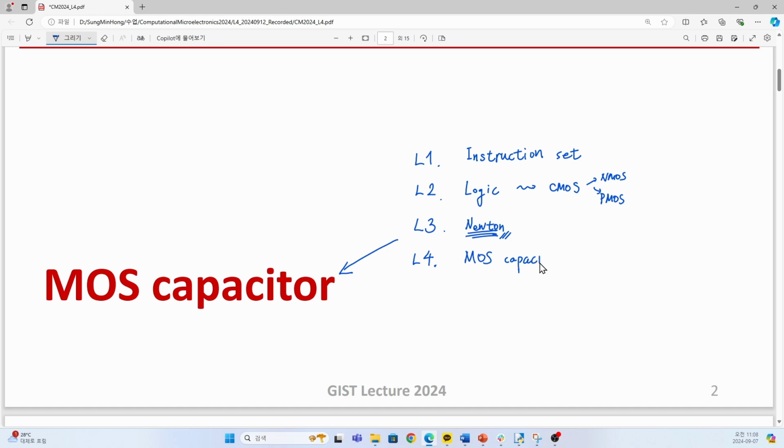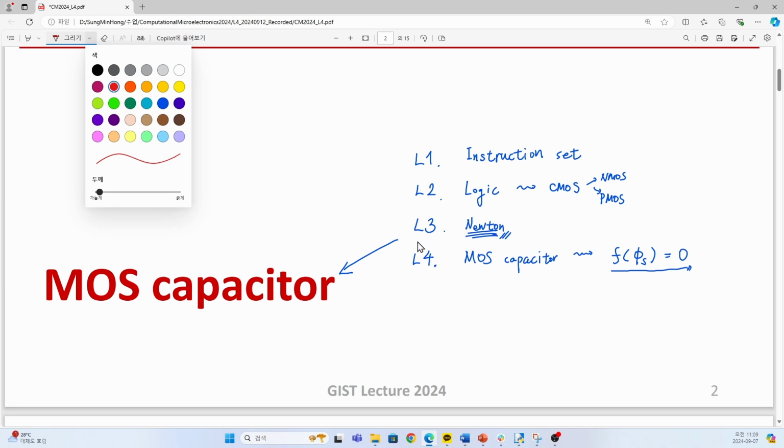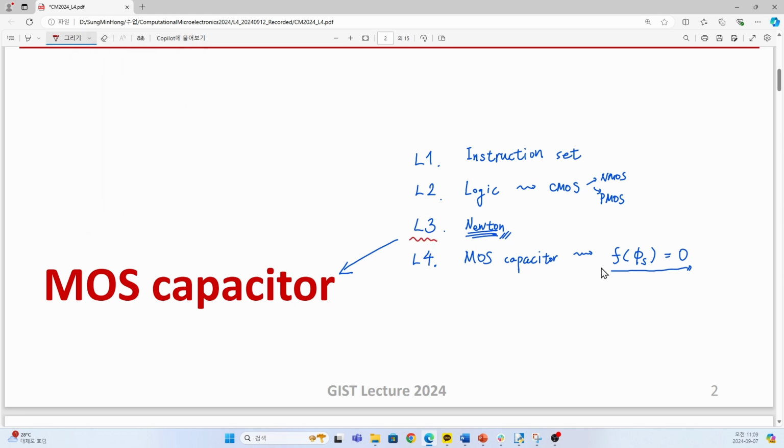We will find that the physical equation for MOS capacitor is a nonlinear equation once again, for a certain quantity called the surface potential. We want to solve this nonlinear equation. By using the technique we studied in lecture 3, the Newton method, we can calculate y s at a given condition.